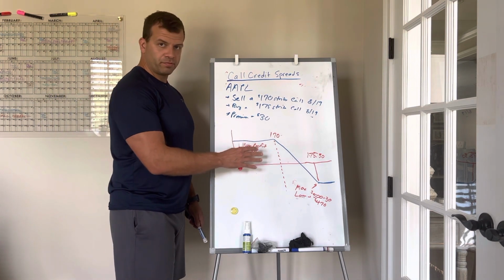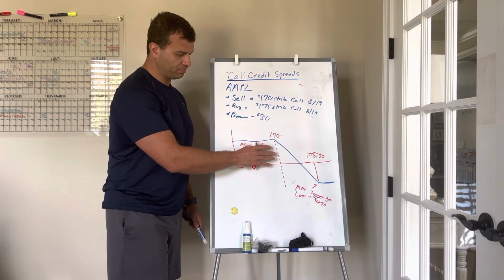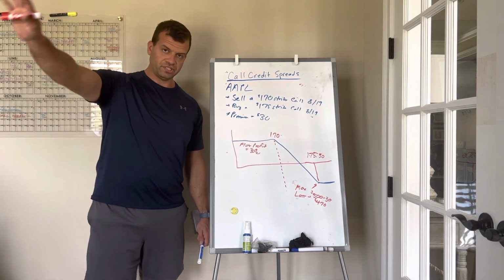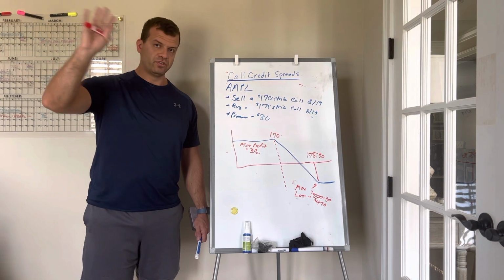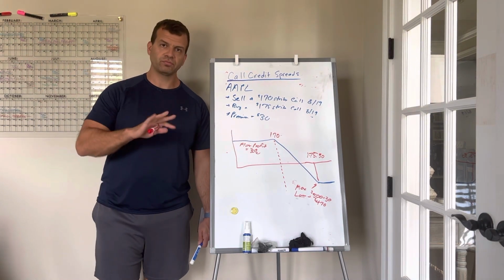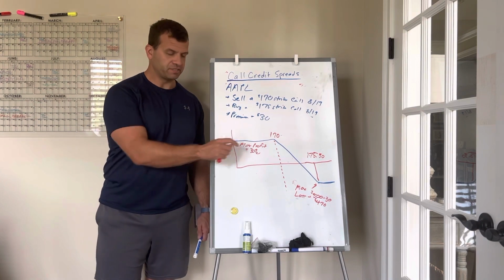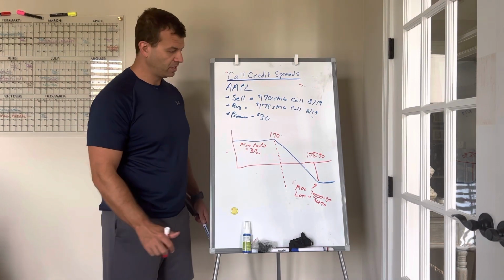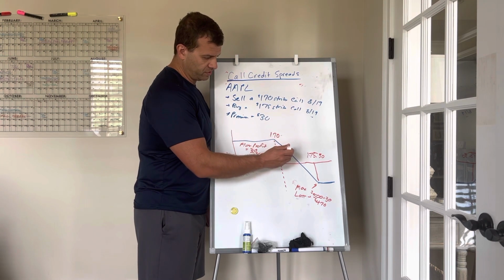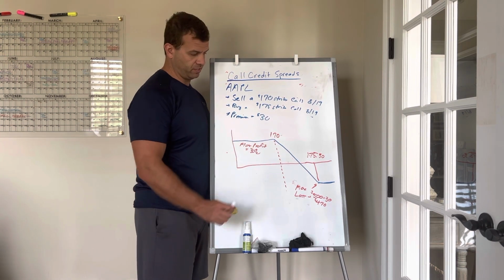As long as the share price remains below 170 through August 19th, you will get max profit, which is $30 per one you sell. That's max profit. Now, as price goes up past 170 towards 175, your profit will decrease.